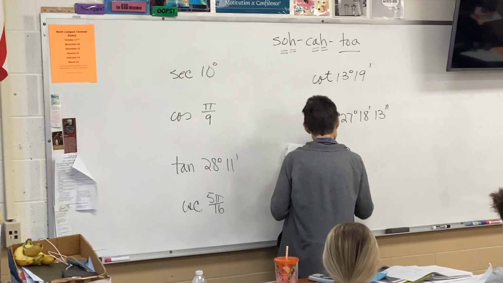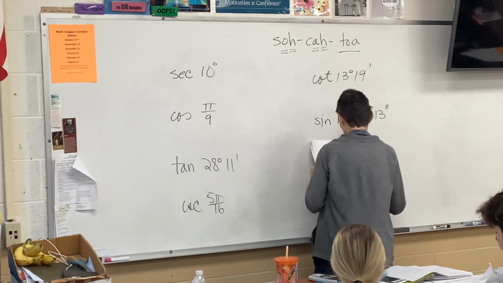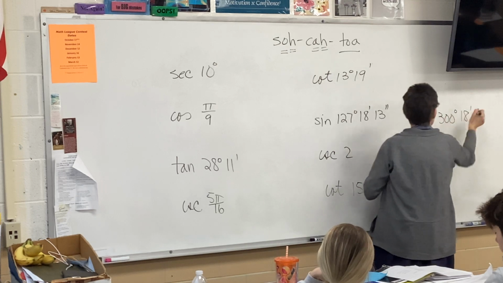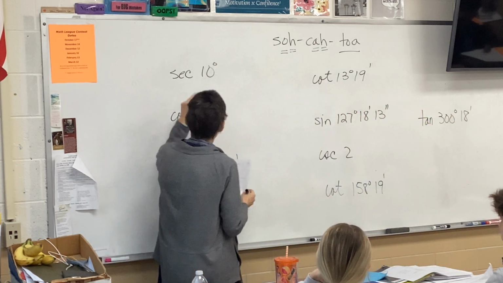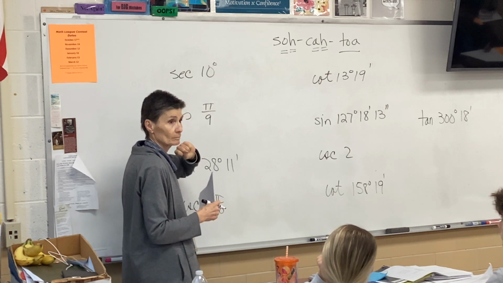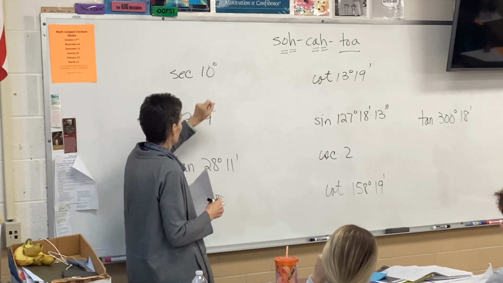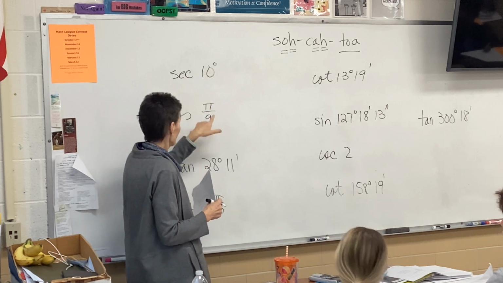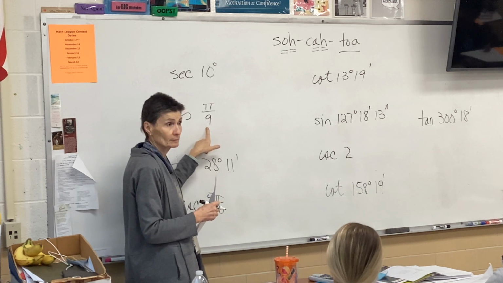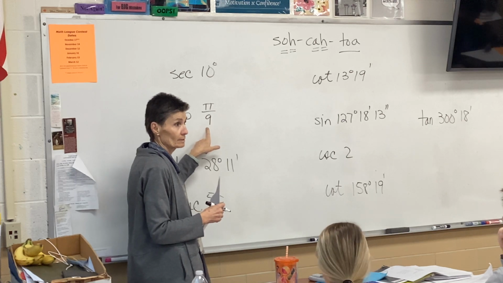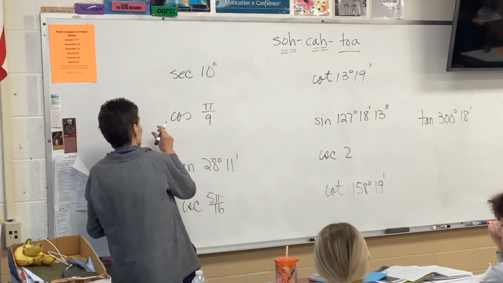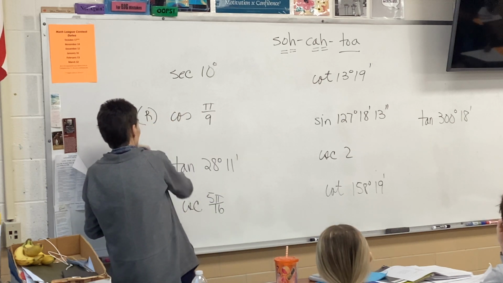All right, do you notice anything else different about them? Well, what's different about this angle and this angle? That's 10 degrees. This is pi over 9 radians. This is a radian measure. So I'm going to mark this with an R. That's a radian.